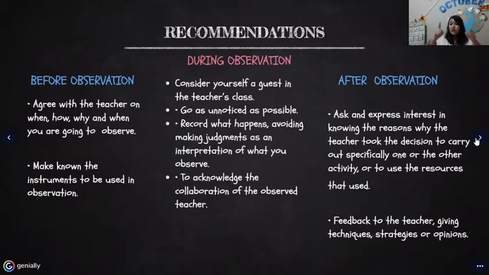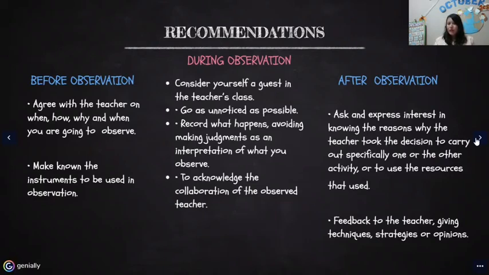Now, during the observation, you have to consider yourself a guest in the teacher's class. Okay, you are a guest. You cannot interrupt the class. Okay, the teacher is the authority in the classroom. You, as observer, are a guest. Go as unnoticed as possible.